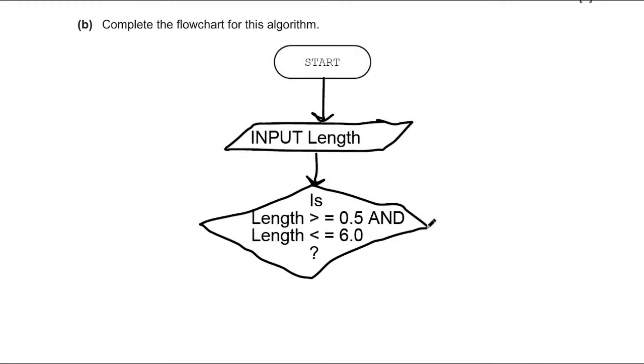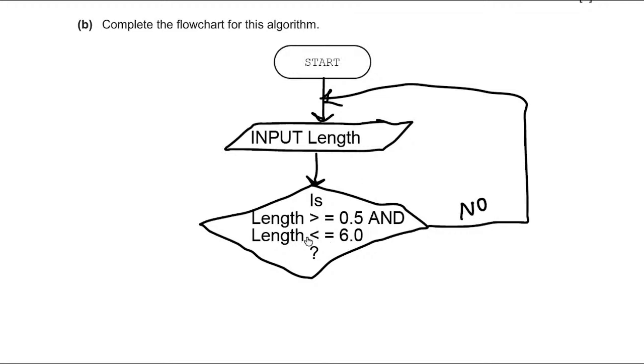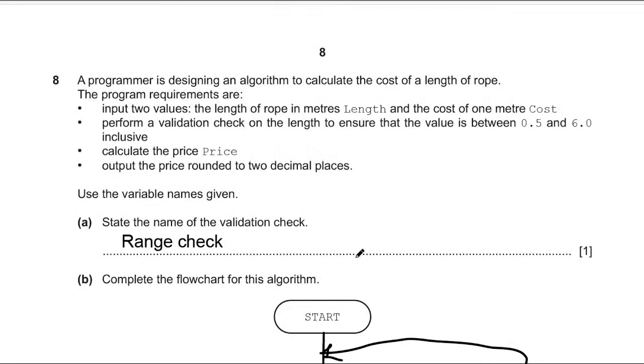If it is not within the range, then you are going to input length again. Now in flowcharts we usually don't need to give error messages. So if the length is not in this range, you input it again. Otherwise, if it is within the range, you are going to input cost like we were told.